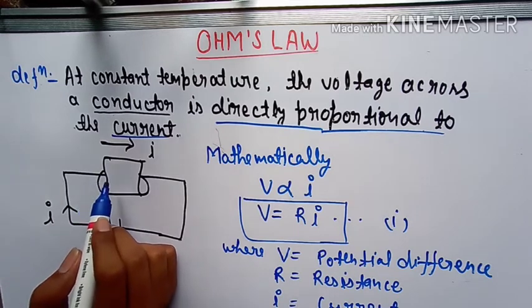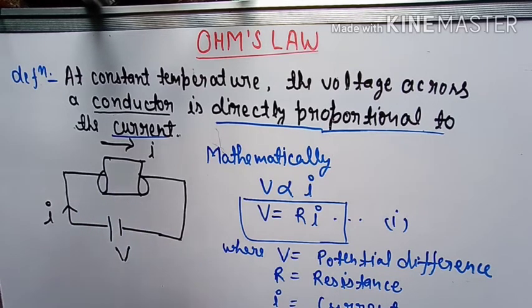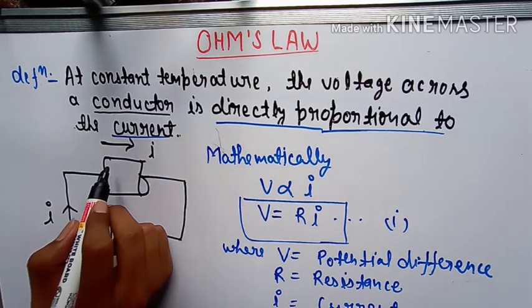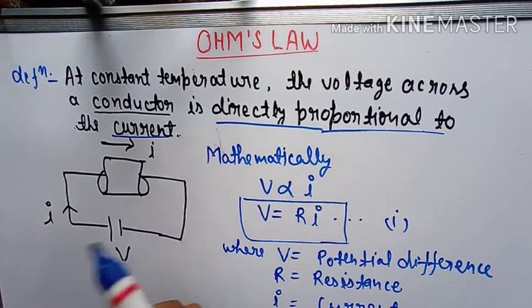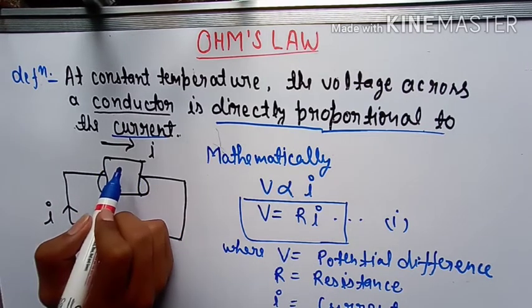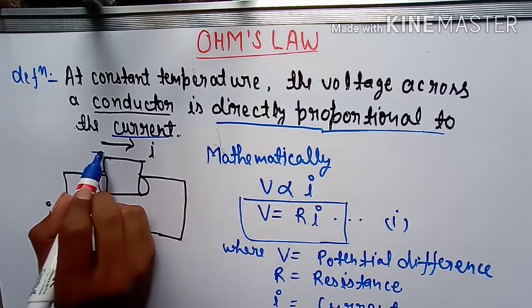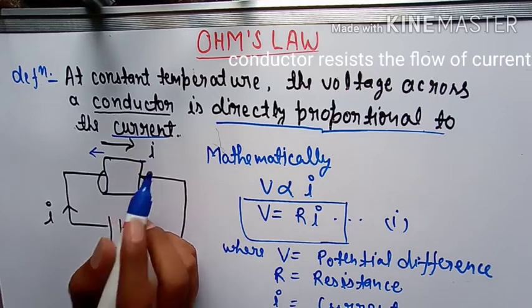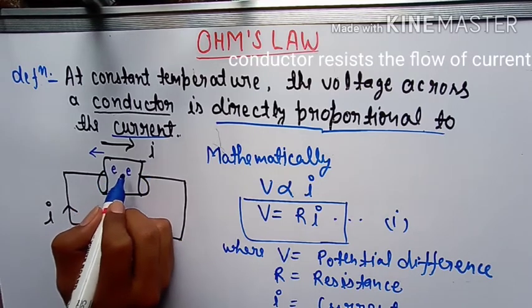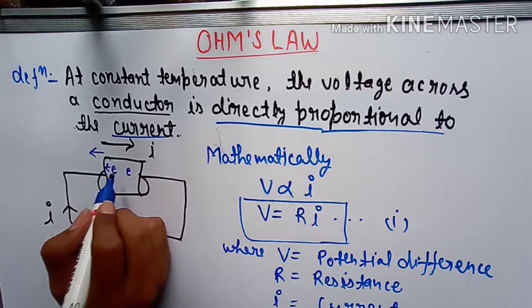Understand? Now to understand resistance, this is the conductor and current is trying to flow through this conductor. So this conductor will resist the flow of current. You know how current flows? There will be electrons, and the electrons will move this side.